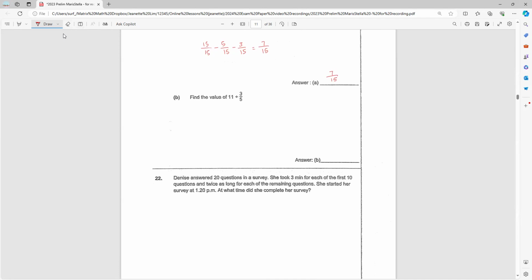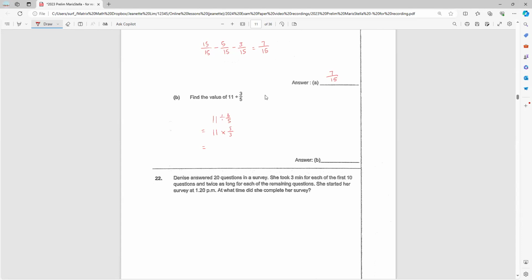Next, 11 divided by 3/5. Keep, change, flip, KCF. So keep the first number, change the sign to a times, and then flip the back. 11 multiplied by a fraction, you only multiply the numerator.